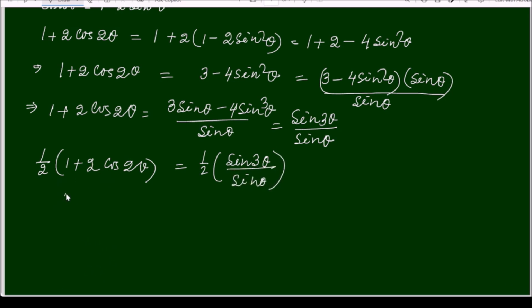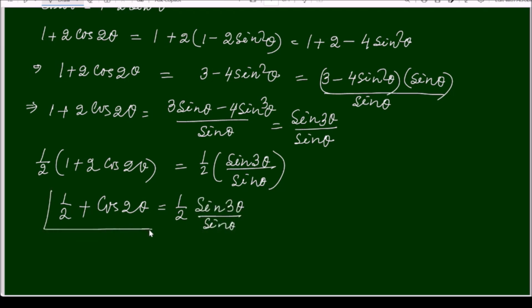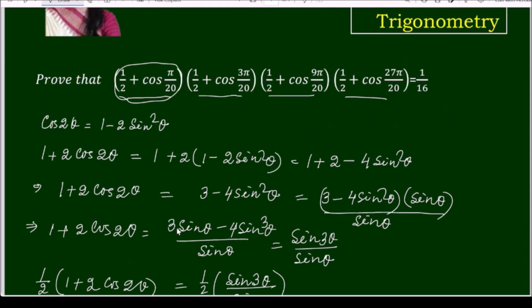So this gives us half plus cos 2 theta equals half sin 3 theta over sin theta. So this is the derived formula we will apply for this question. Then this question will be easy and solvable.